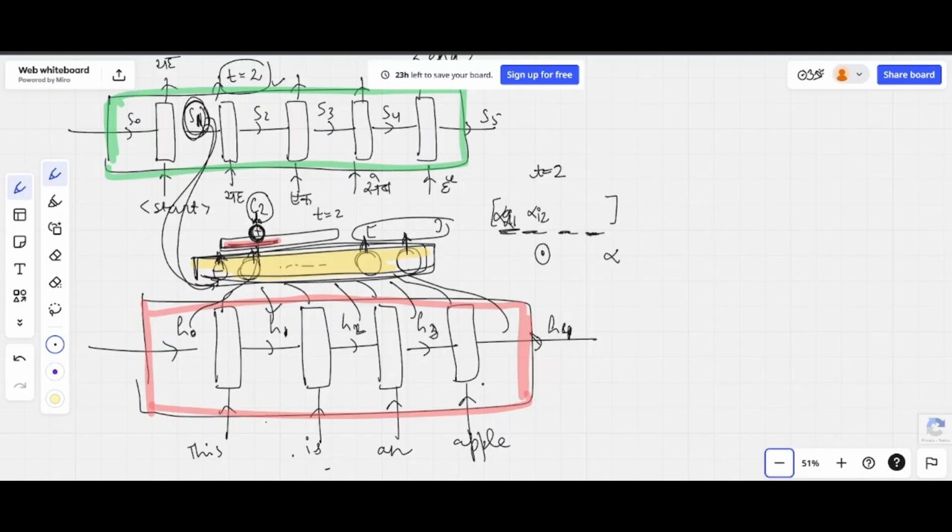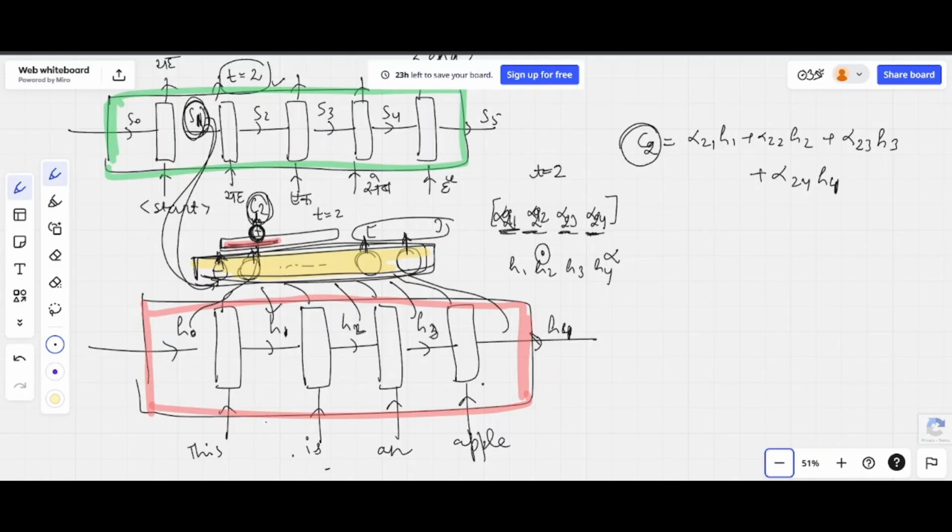And if we have 4 hidden states, h1, h2, h3, h4, then this c2 will be equal to alpha 21 h1, alpha 22 h2, alpha 23 h3, and alpha 24 h4.